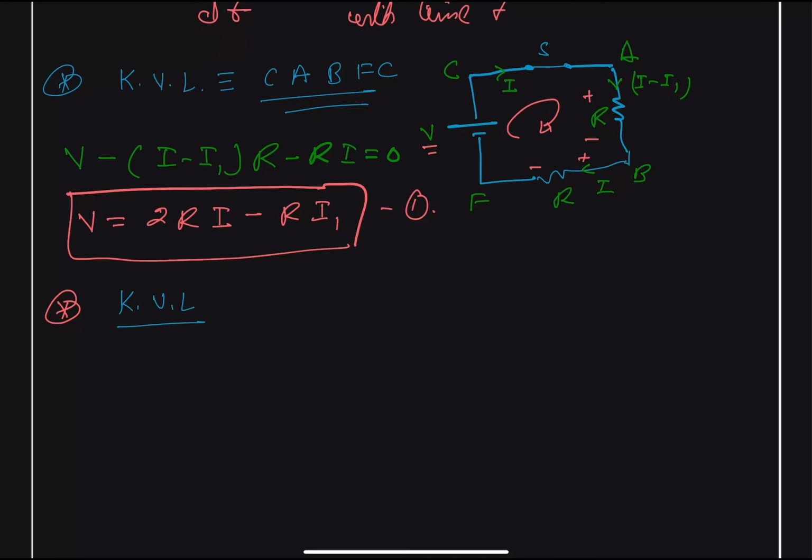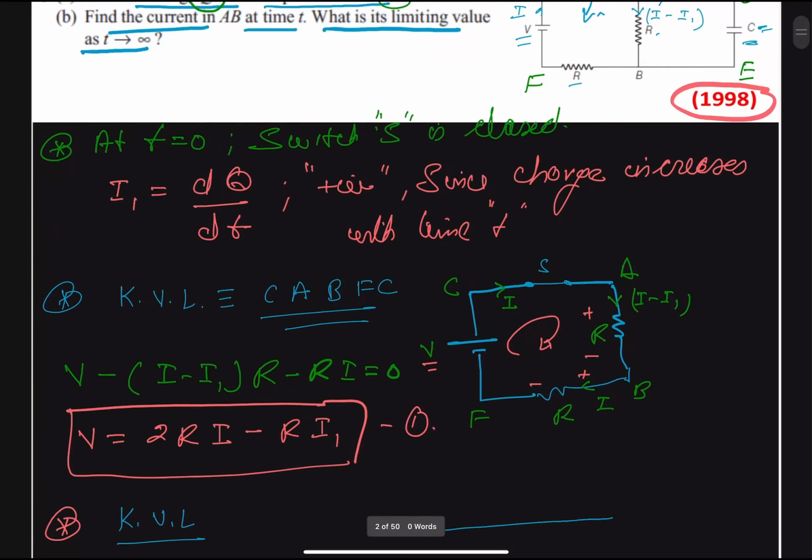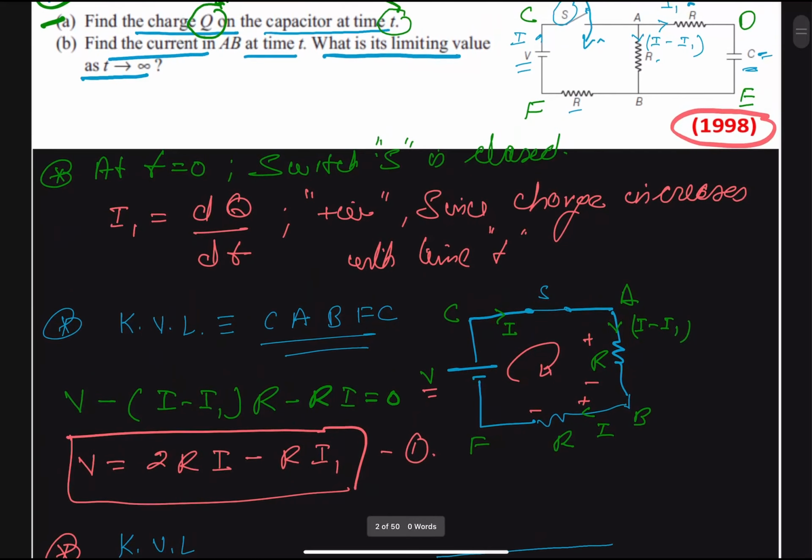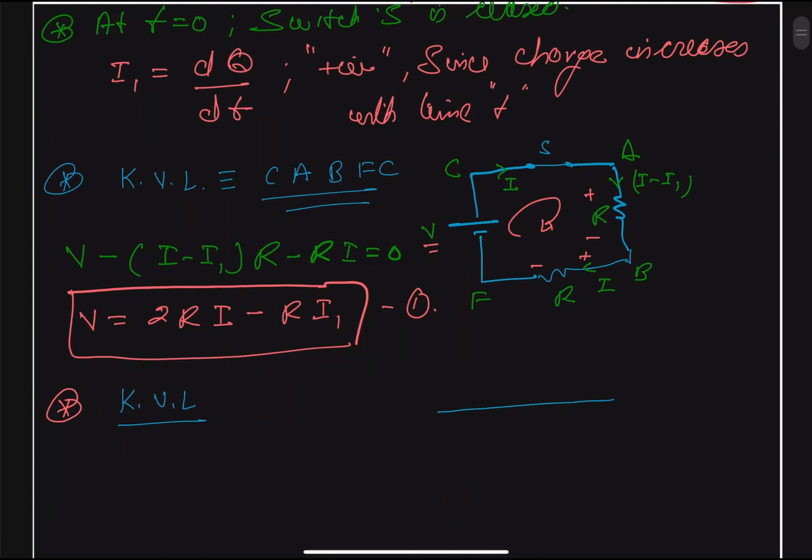The second loop is our C, D, E, F, C. Okay. So we have a switch that is somewhere here, it is closed, and a resistance.